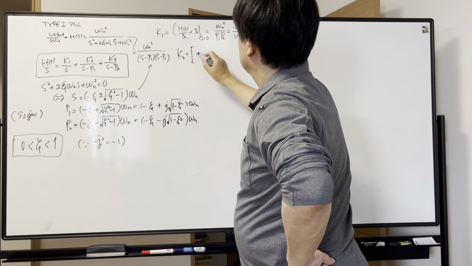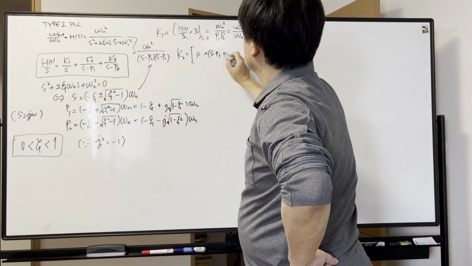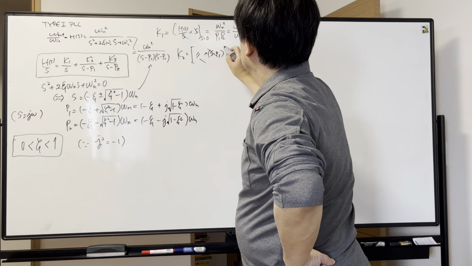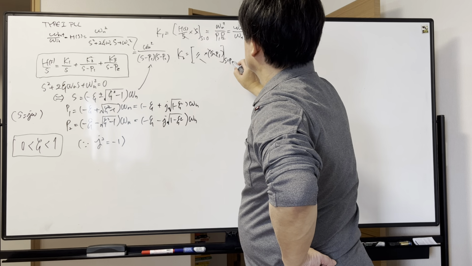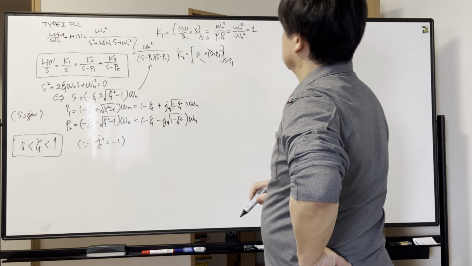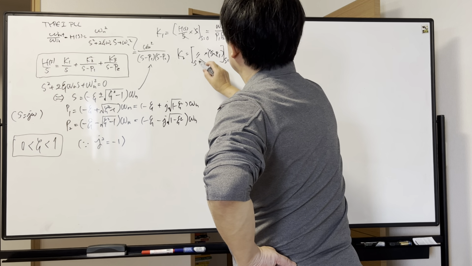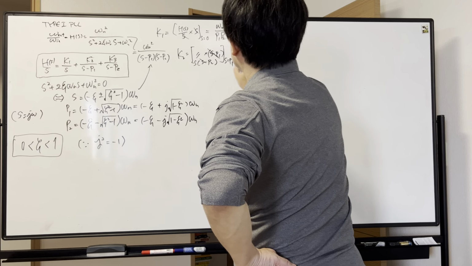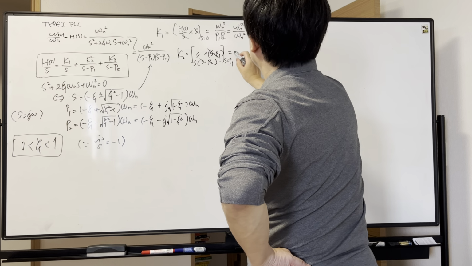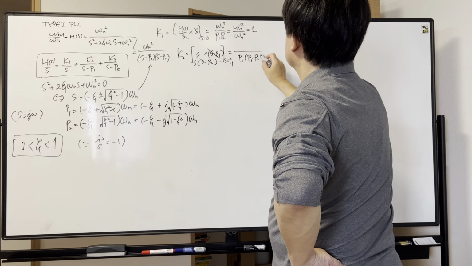K2 is likewise, but this time s minus p1 is applied and factorized, and s is evaluated at p1. So here remains s minus p2, so this is omega n squared over p1 times p1 minus p2.